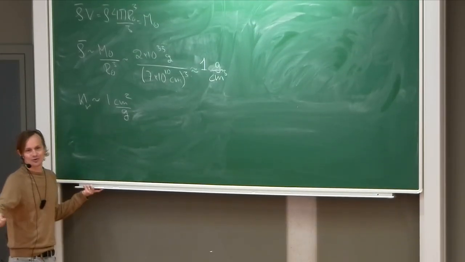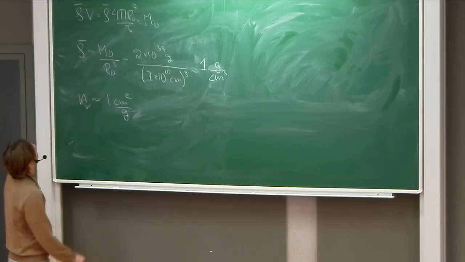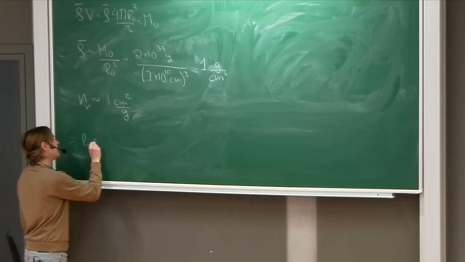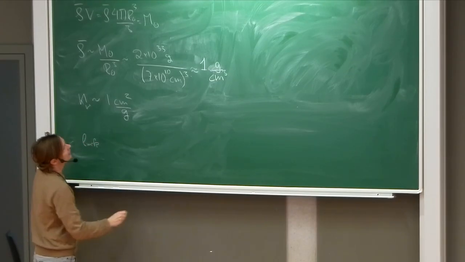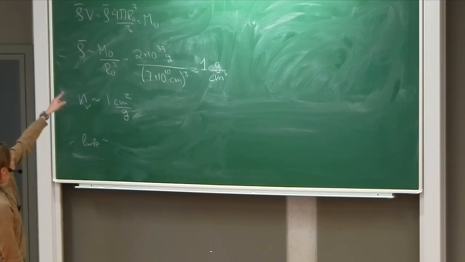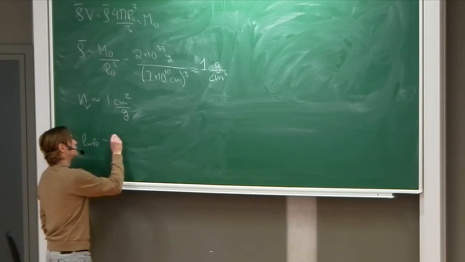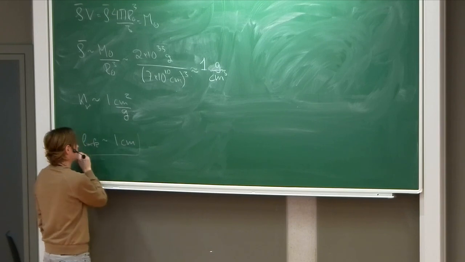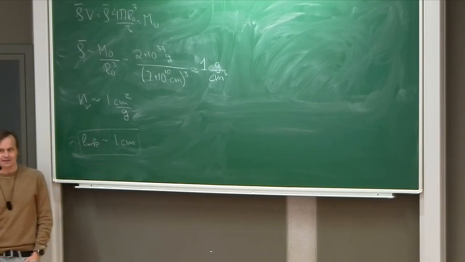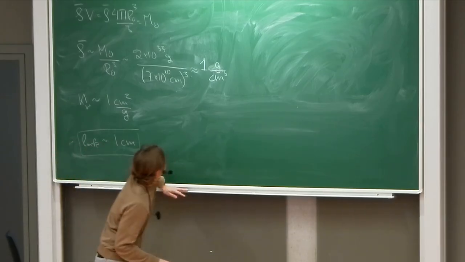That's not the case for extinction, for example, alpha. So the mean free path then becomes 1 over 1 times 1 in CGS units. So on the order of 1 centimeter. Again, this is an order of magnitude estimate. It's not intended to be precise.